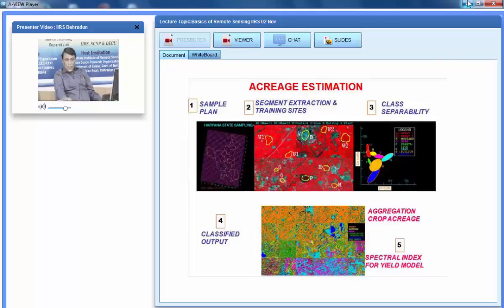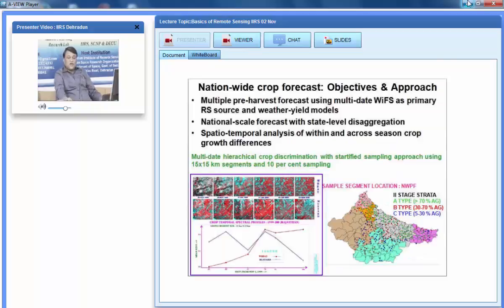So there is also another program where a nationwide crop forecast is given. This nationwide crop forecast is mainly based on coarse resolution imagery, that is the AWiFS or WiFS data. So here mainly WiFS data are used, which is useful for state level crop acreage estimation, particularly for crops like wheat, which is dominantly grown in the Indo-Gangetic plain and some other areas of central India.